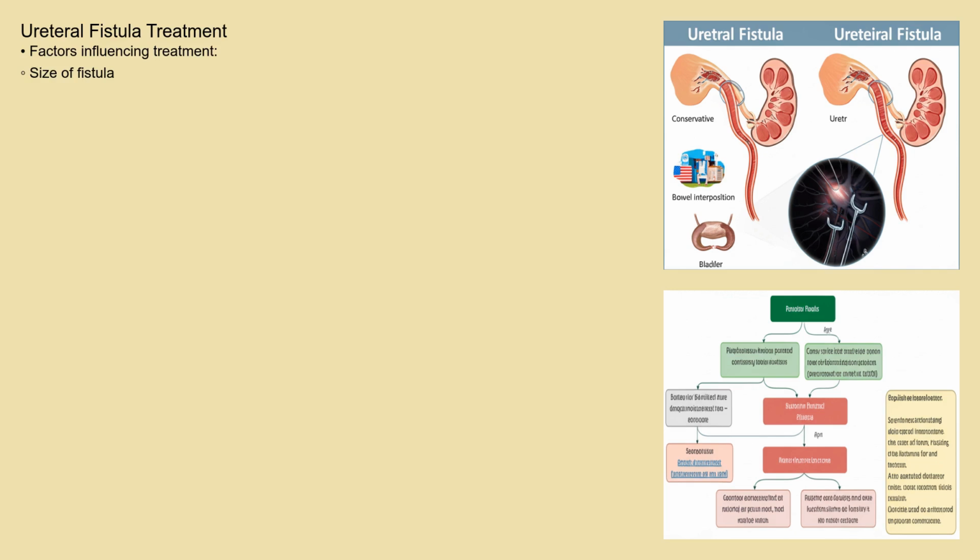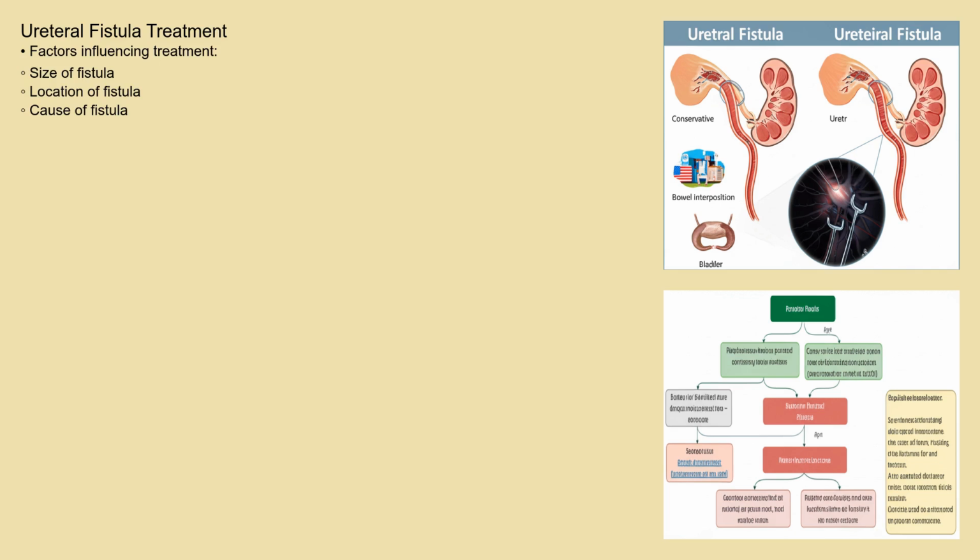The goal of surgery is to excise the fistula, repair the ureter, and close the abnormal connection. Depending on the extent of ureteral damage, a ureteral reimplantation, where the ureter is detached and reconnected to the bladder in a different location, or a ureteral stent may be necessary. In complex cases, a more extensive reconstruction, such as a bowel interposition, may be required.